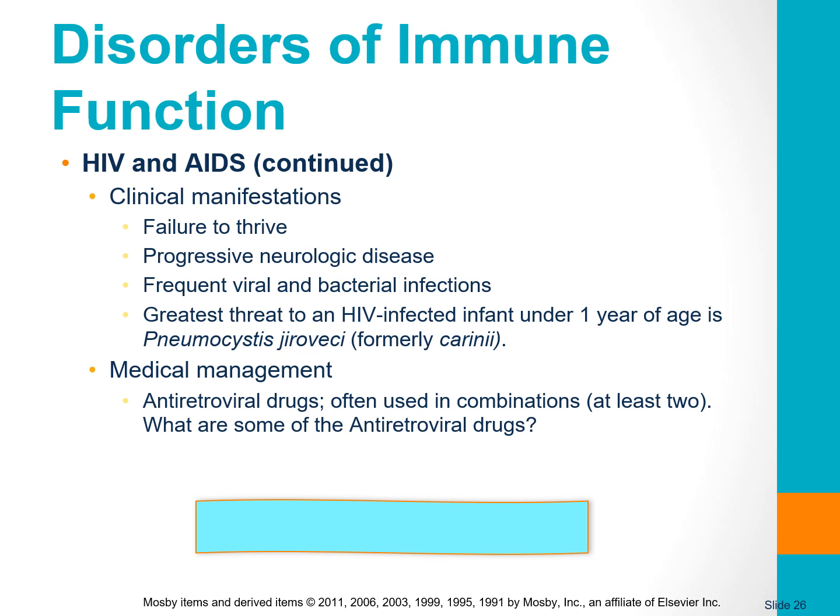How do kids manifest if they have AIDS or HIV? Typically in weight loss, potentially a secondary meningitis, development and growth delays, failure to thrive, progressive neurological disease, frequent viral and bacterial infections, and typically they're at increased risk of fungal pneumonia.